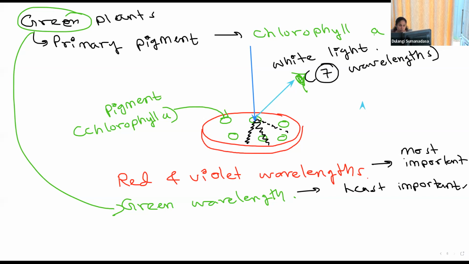If you do a prac, you might design practicals to investigate whatever the wavelength, so cellophane wraps and stuff. This is only for the primary pigment. The primary photosynthetic pigment for green plants is chlorophyll A. So these are the requirements of the chlorophyll A. Chlorophyll A reflects the entire green spectrum and fully absorbs the entire red and violet spectrums.